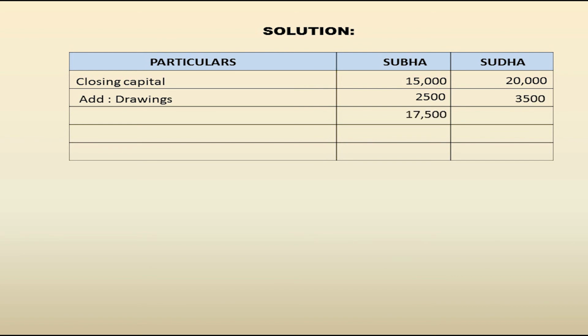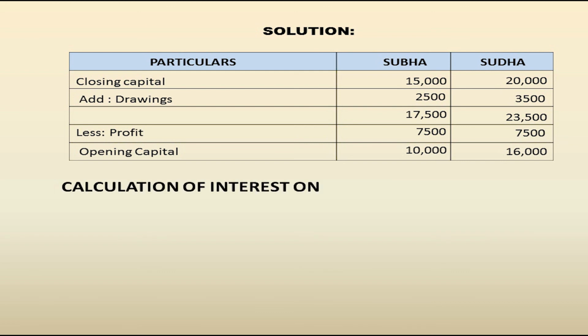Then we get the total: for Shubha 15,000 plus 2,500 is 17,500, and Sudha 20,000 plus 3,500 is 23,500. Then we less profits: 7,500 for Shubha and 7,500 for Sudha, because they are sharing the profit equally. Then you get the opening capital, which is 10,000 for Shubha and 16,000 for Sudha. So we have found out the opening capital.